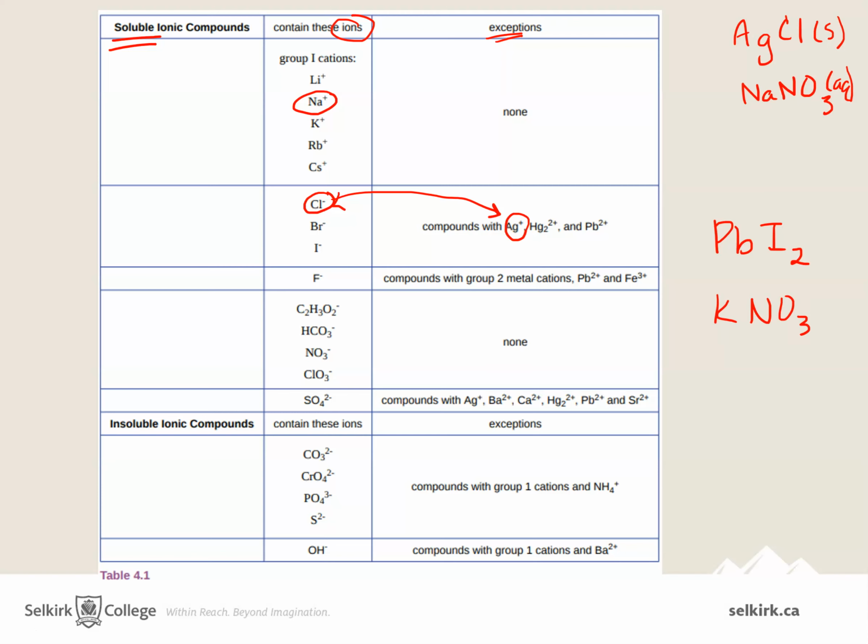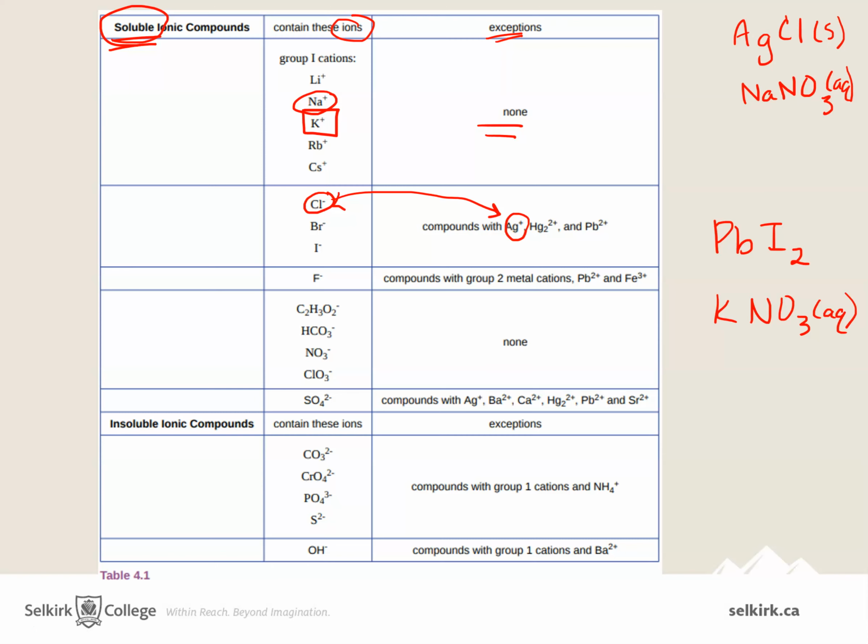So let's see, from the top, I see potassium here, and potassium is in the category of soluble ionic compounds with no exceptions. So this is soluble in water, it dissolves in water, it's aqueous.